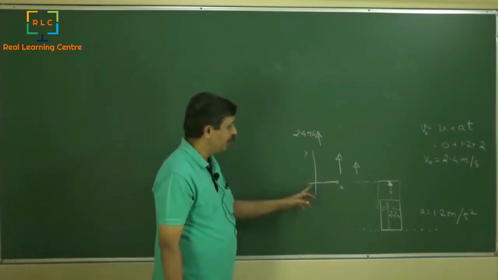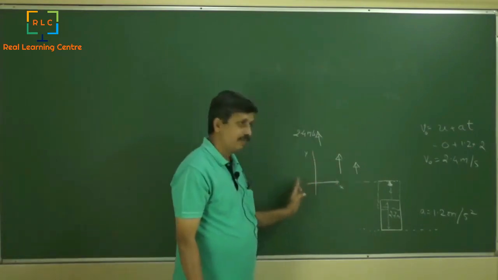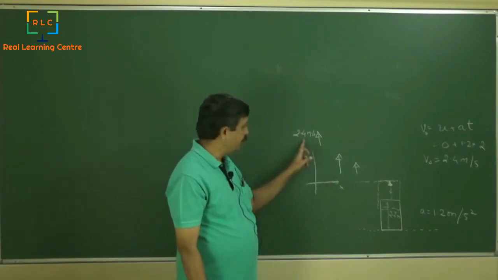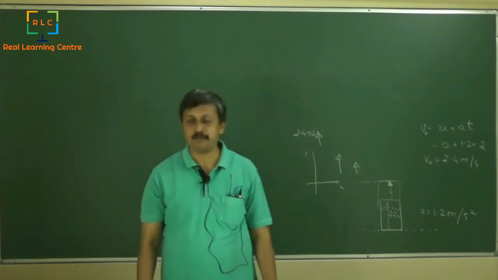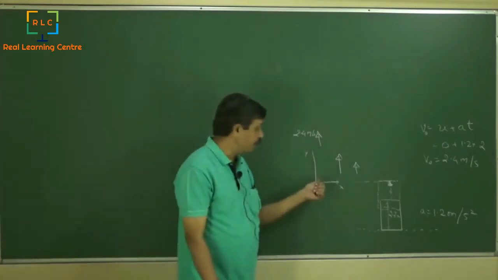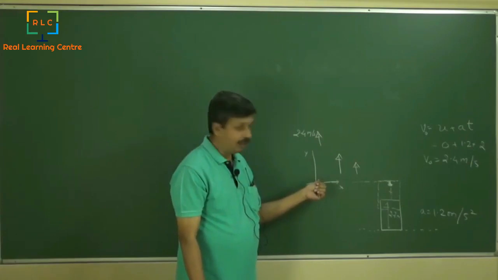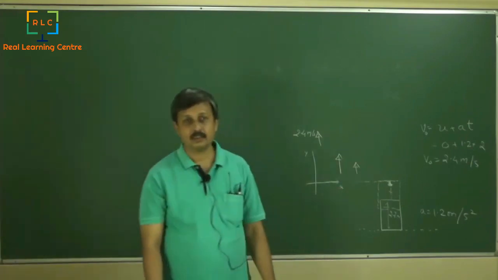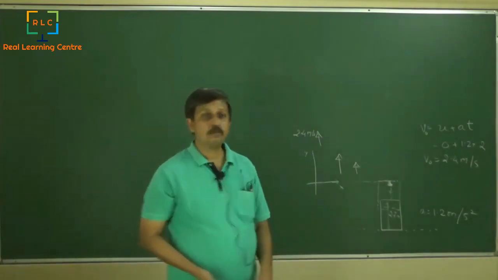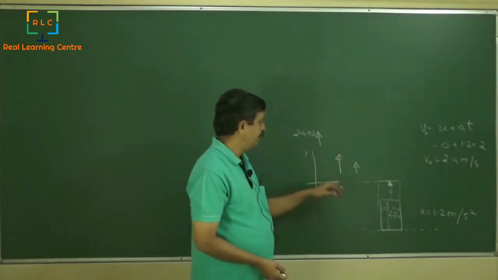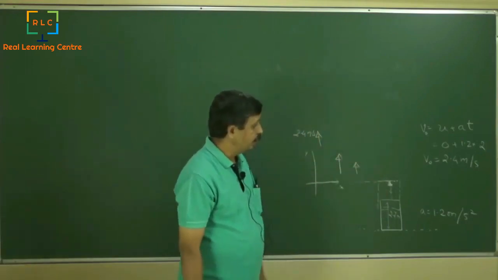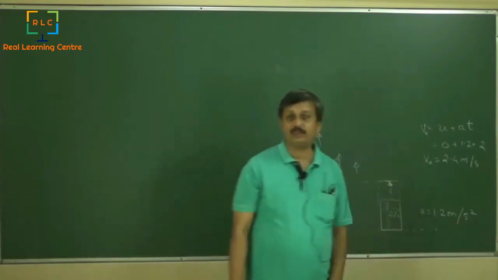My question is, I am going to take a frame of reference which is also moving at 2.4 meter per second, constant velocity. If I see from this frame, the bolt is always stationary. Correct? Now we can always say the bolt is stationary and this fellow, the lift, is moving at 1.2 meter per second square with initial velocity of 0.